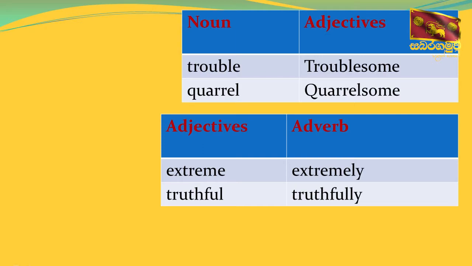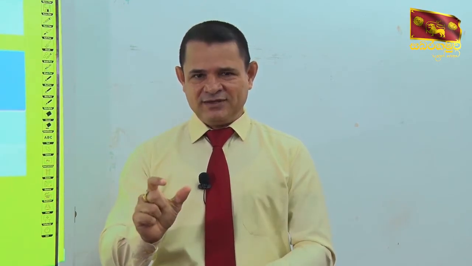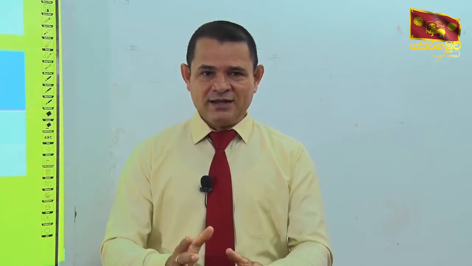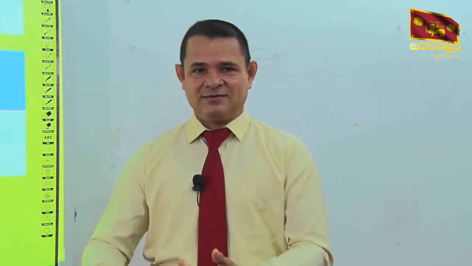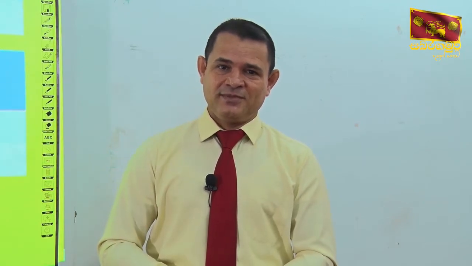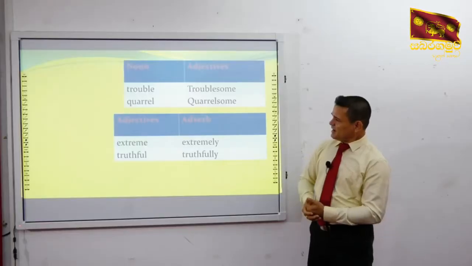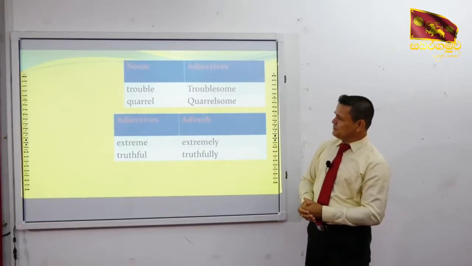Sometimes in fill in the blanks, or maybe there is a question in the O-level paper also, you have to use these suffixes and change the word class and use the correct form of the word given in the brackets or given in a box and write in correct form. There you have to use these suffixes and change the word class. And once again, an adjective becomes an adverb.